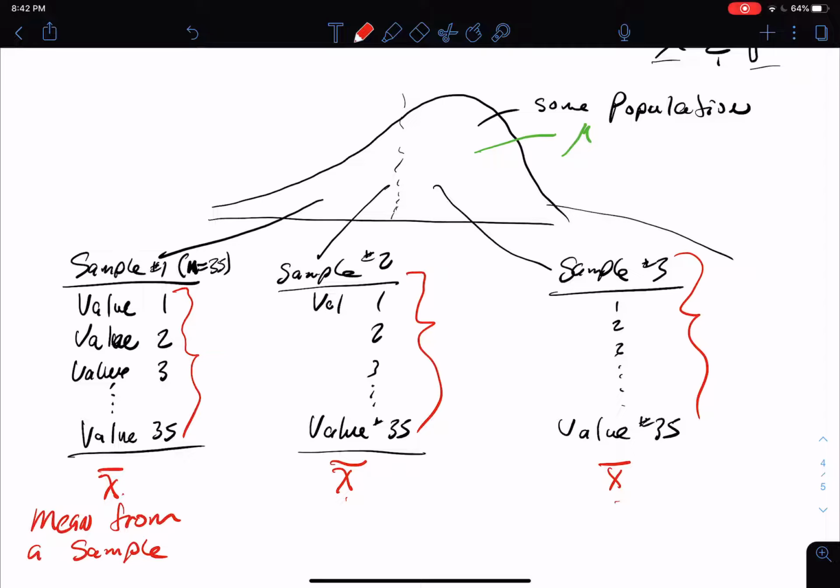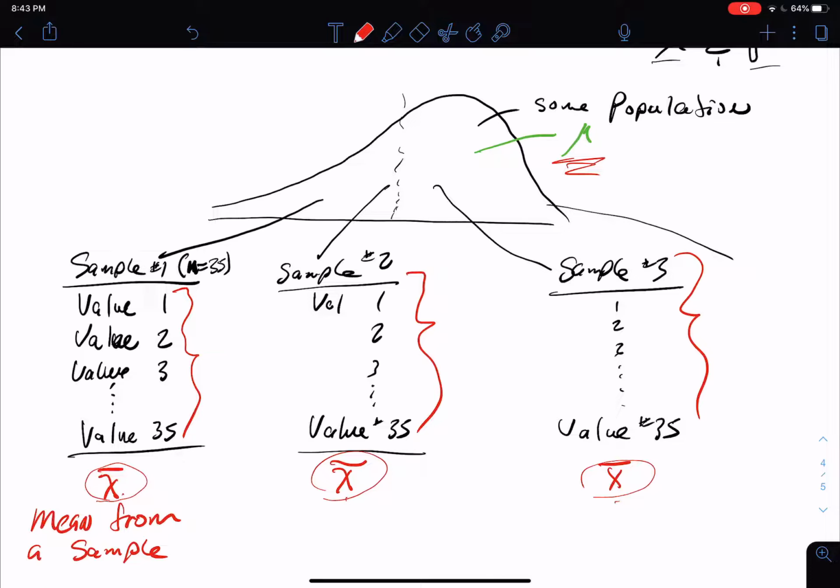Randomly sample 35 people, get the mean of that, and that gets us a place to start from. And then you do it again, and then you do it again. That really starts to give us great information about what the actual population mean is, from the sample mean.